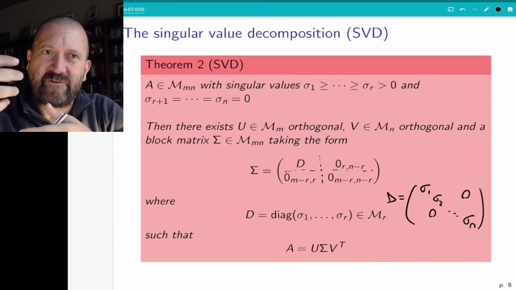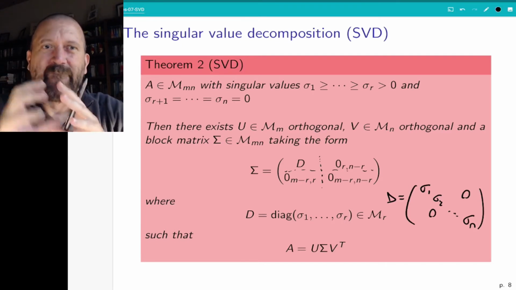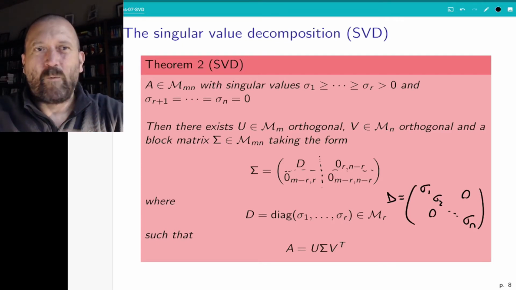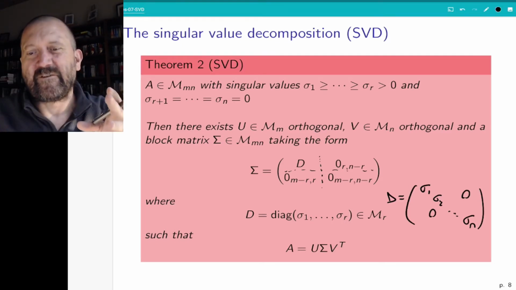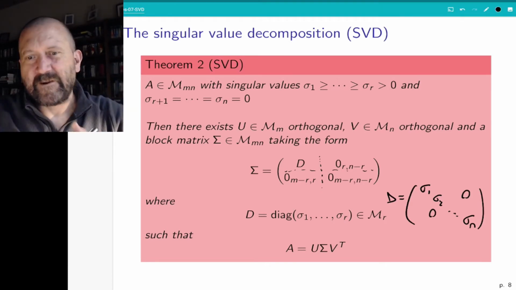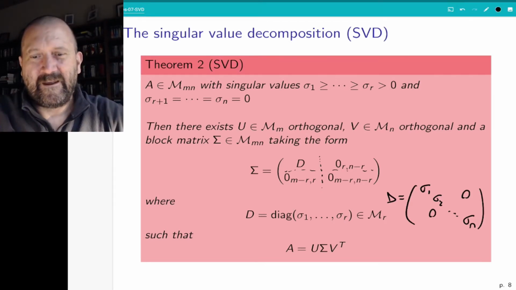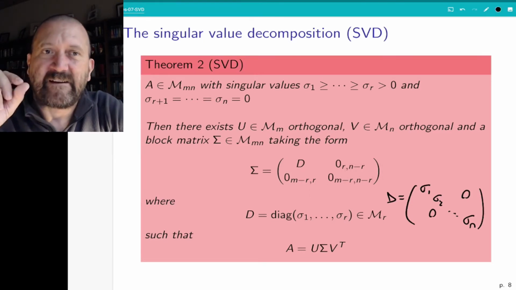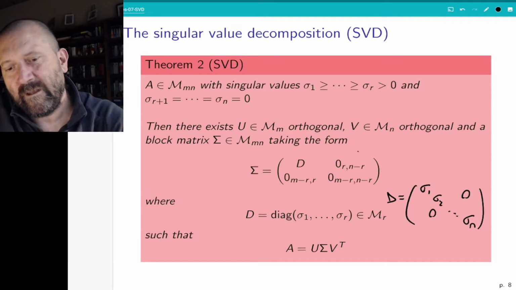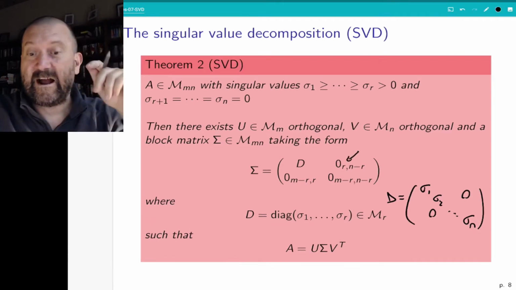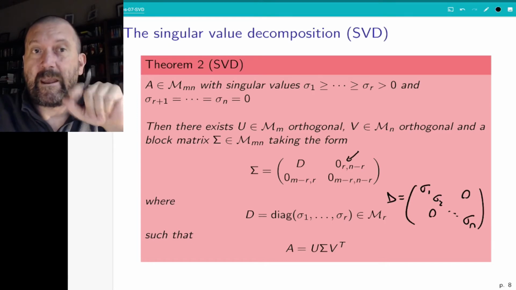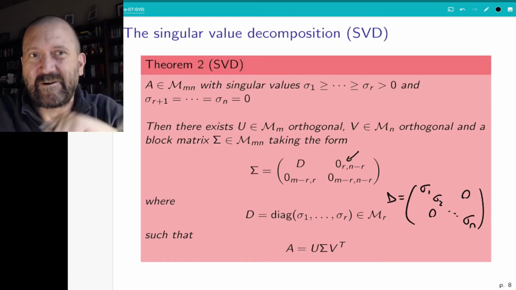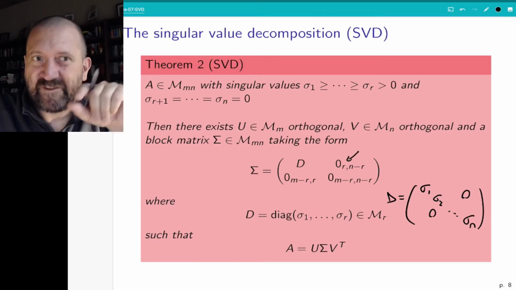It's a matrix that is composed of 4 matrices, one which is this diagonal matrix D, and the other 3 that are 0 matrices. And I've indicated, for once here, the size of the 0 matrices. So the one here, for example, is a matrix that has r rows and n minus r columns of zeros.